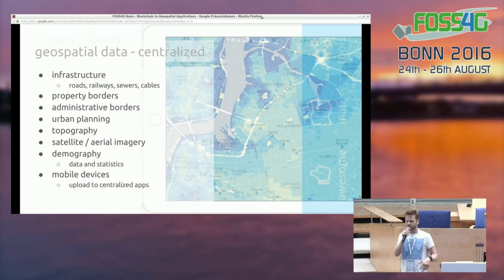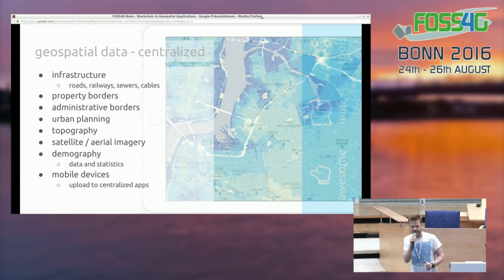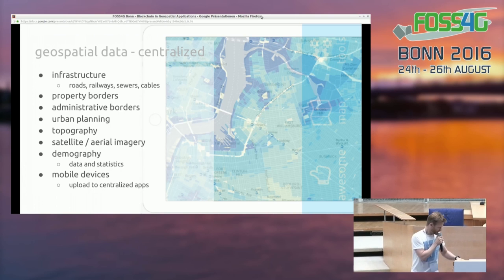Also, the data that we produce with our mobile devices often ends up in centralized systems when we upload it to, for instance, Facebook or Google Maps or whatever. And they utilize the data for us, and they also monetize the data.